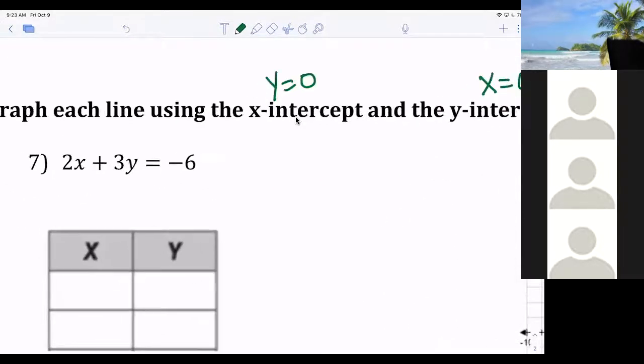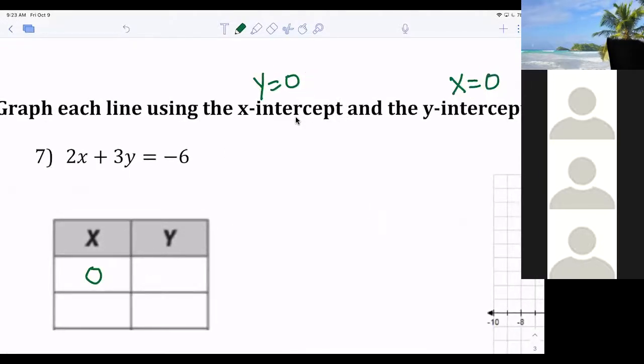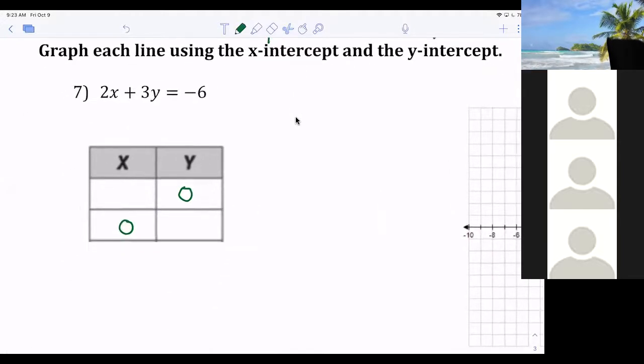So the x-intercept is when y is 0, so I want a 0 here, and the y-intercept is when x is 0, so I'm going to put a 0 there. All right, now look what I did on number 7. I'm going to find the x-intercept first.